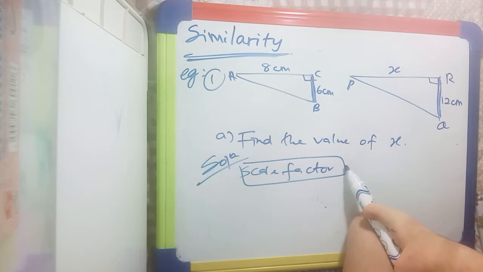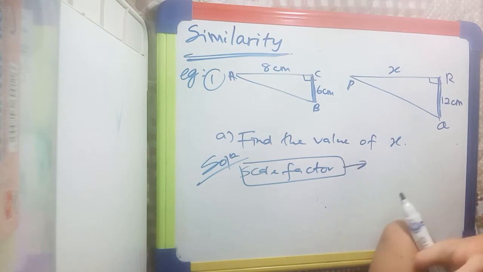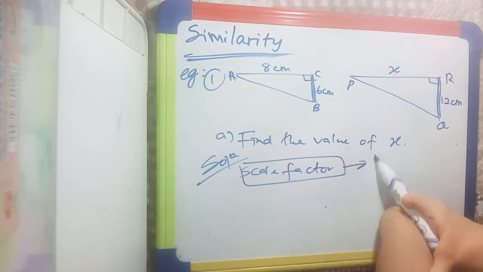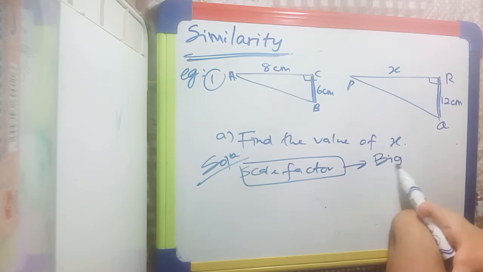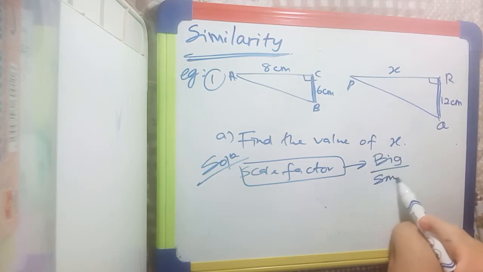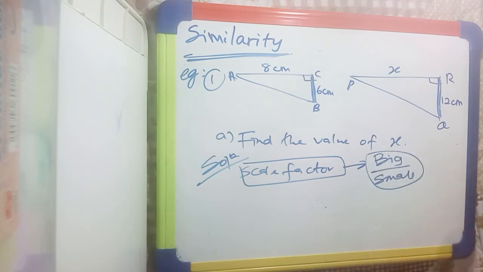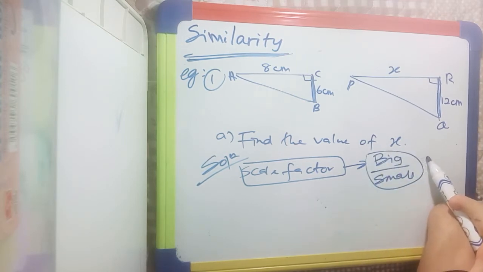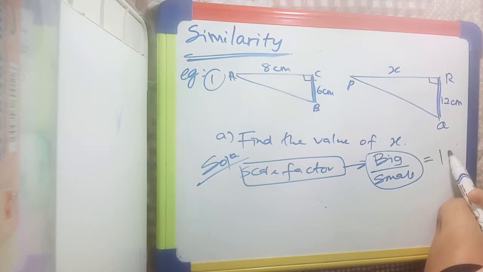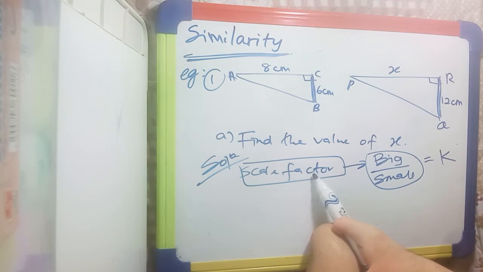One of the rules that you must remember, very easy: big divided by small, big over small. This is the scale factor, which is represented by the letter K. K is the scale factor. How to find the scale factor?